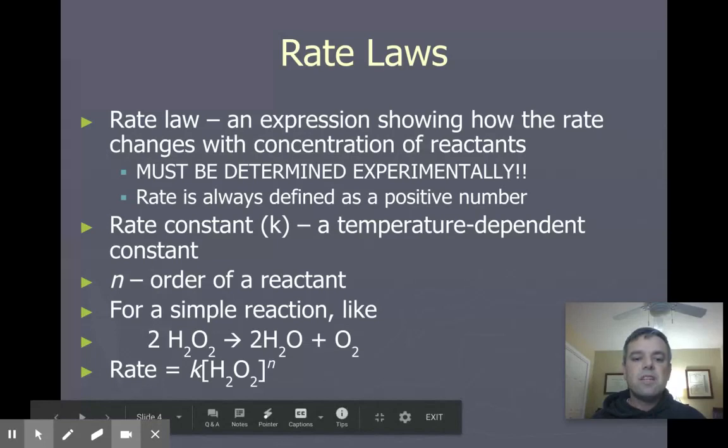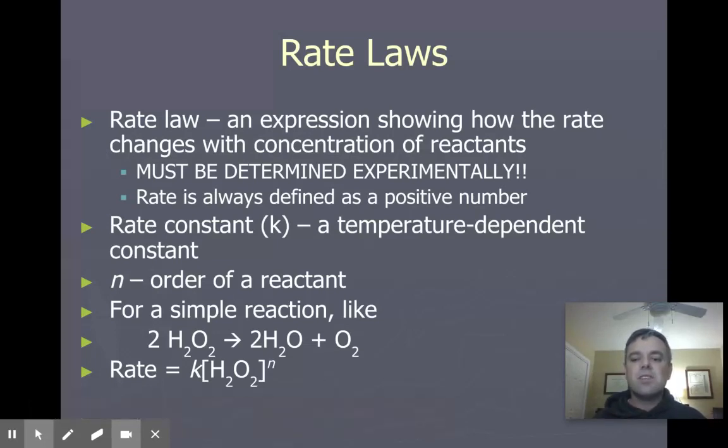But essentially, if n is 1, that means that the rate changes directly with the concentration. As the molarity increases, the rate increases proportionally. If n is 2, as the concentration increases, the rate increases by that factor squared. So if you doubled the concentration, you would quadruple the rate.